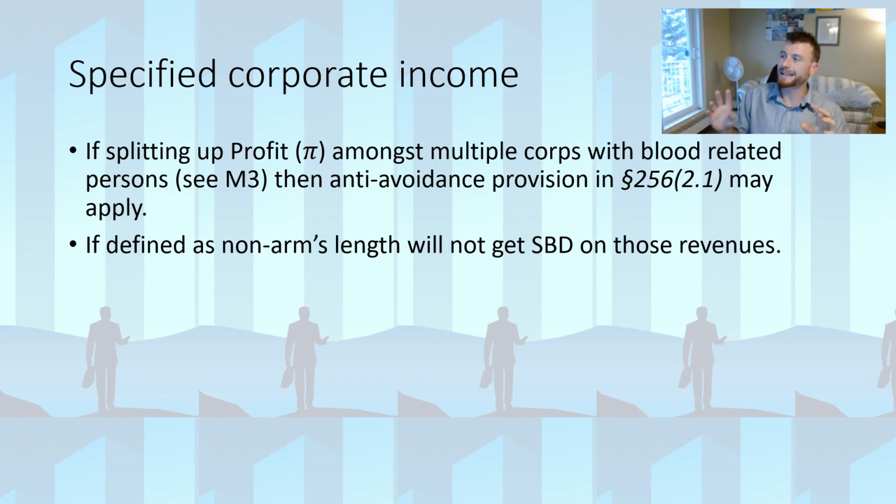If you split this out with blood related, if you don't know what that means, go back to module 3 in my prior episode. Under anti-avoidance provision 256, part 2.1, if this is defined as a non-arm's length transaction between one corporation and another corporation that has been diverted revenue via a management fee or a kind of service fee of some kind, then the result means that income may not be eligible for the small business deduction if it is defined.